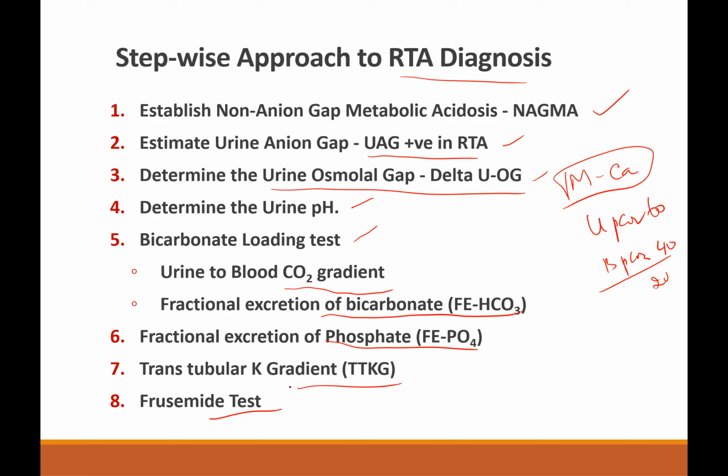Bicarbonate loading test, and after bicarbonate loading, looking at the fractional excretion of bicarbonate and the urine to blood carbon dioxide gradient are two tests. Likewise, then you have to do the phosphate excretion, that is fractional excretion of phosphate, and transtubular potassium gradient, TTKG, and finally the furosemide test. I'm not going to go into the details of these things, but I just showed you that these are available.